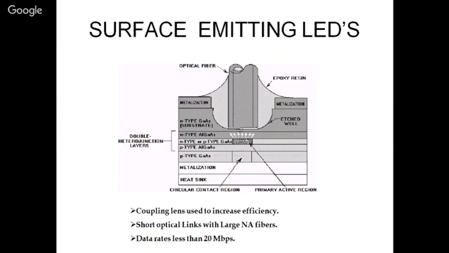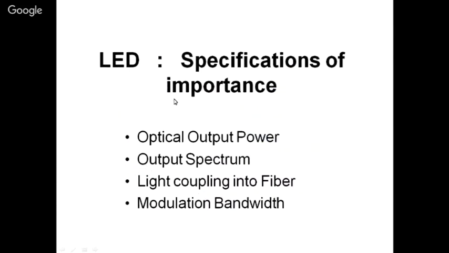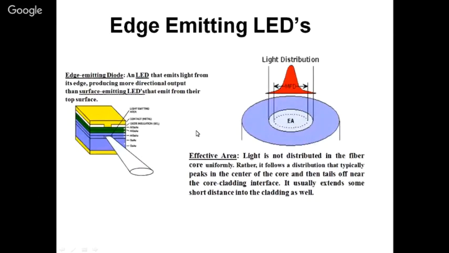Now, edge emitting, as I said, is a different type of sandwich. Here the light is emitted from the side. But for us, when you see it, it is just like any transistor with a glass window.